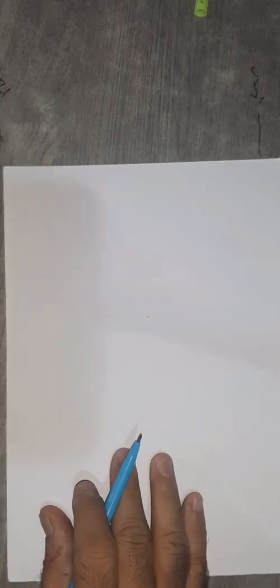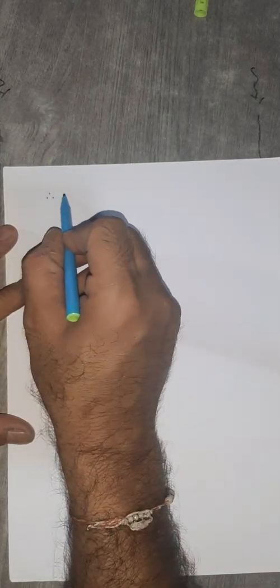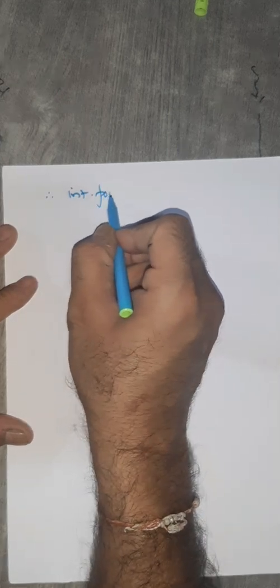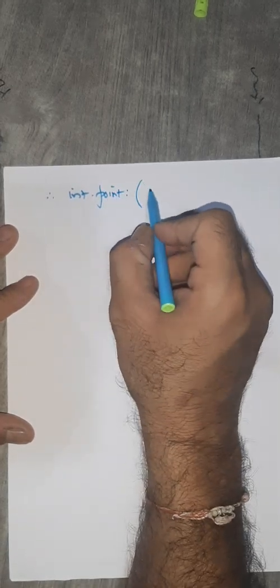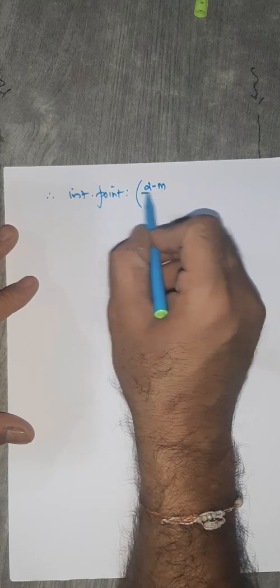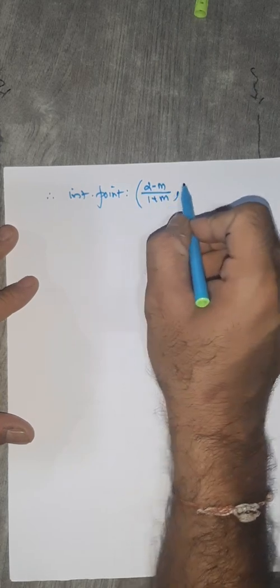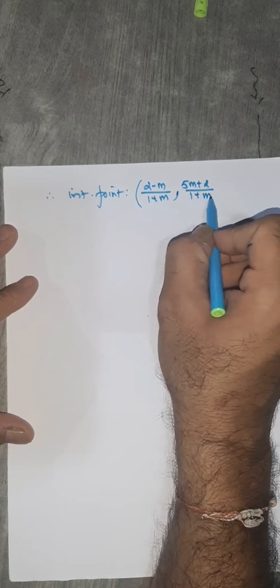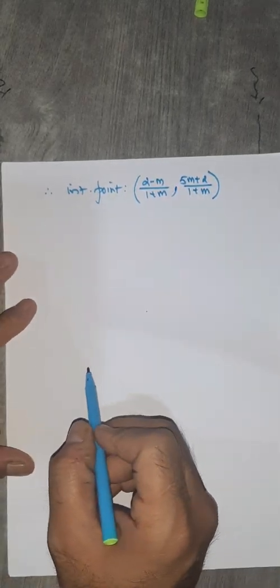So therefore, the intersection point equals 2 minus m upon 1 plus m, comma, 5m plus 2 upon 1 plus m. This is the intersection point.